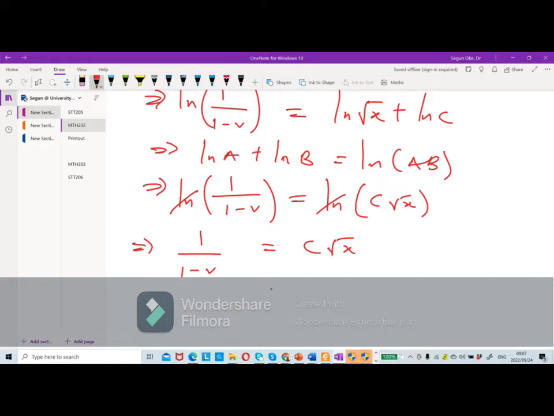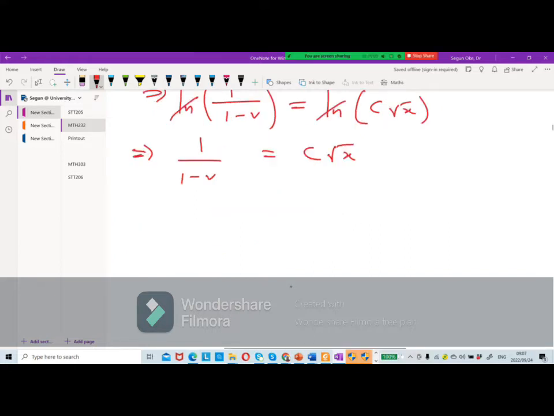Recall that v is the same thing as, recall that y is equal to vx. Then what is v? Our v will be what? Y over x.